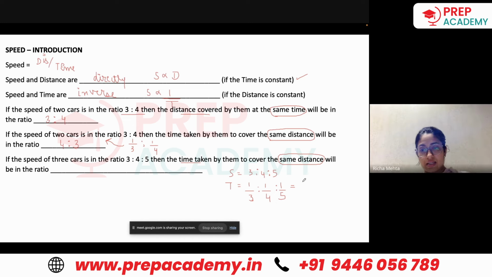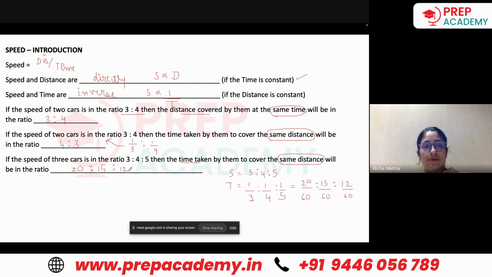So in terms of numerator and denominator, it is 20 by 60, 15 by 60, and 12 by 60. So the ratio of time taken is going to be 20 is to 15 is to 12.